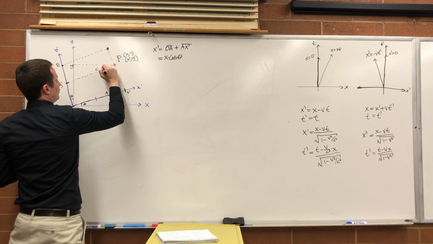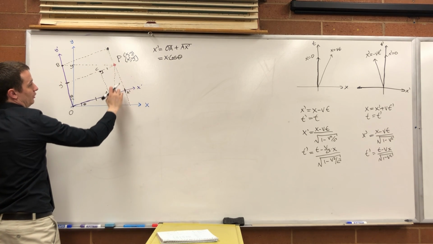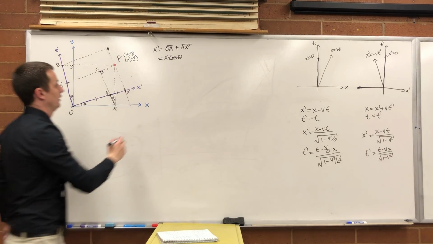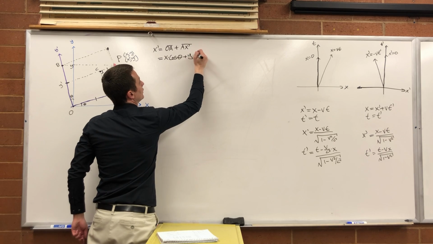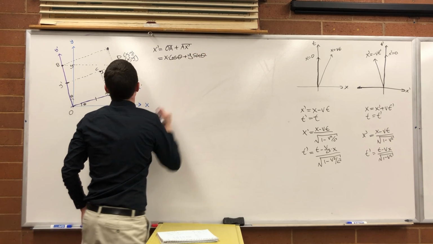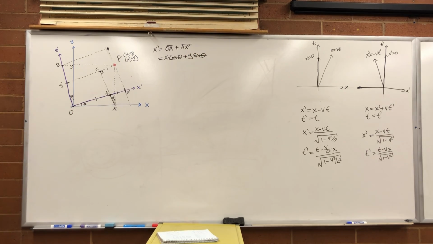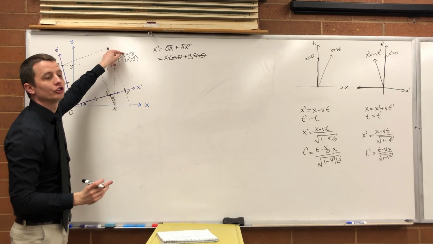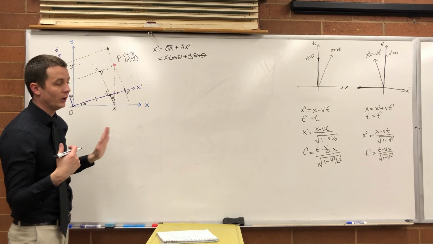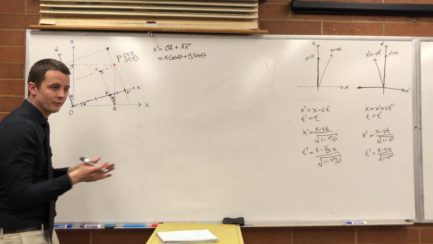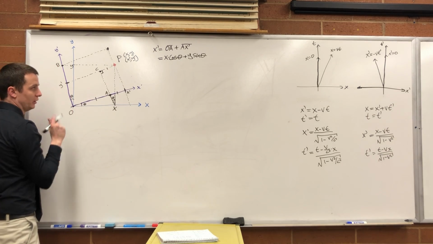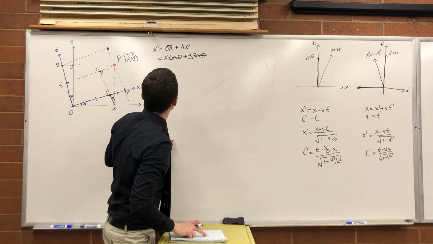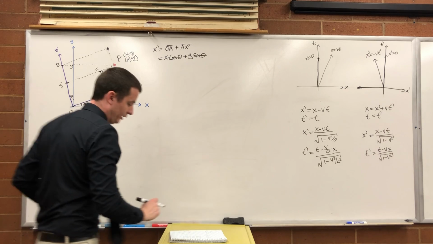We're going to talk about this right triangle. So if this side is y, then this side right here is going to be y sine of theta. You know the coordinates you assigned at x, y. You're trying to figure out the coordinates I assigned at x prime, y prime. And you also know the angle I'm rotated by, relative to you. So x prime is x cosine of theta plus y sine theta. Okay, we got that one right.